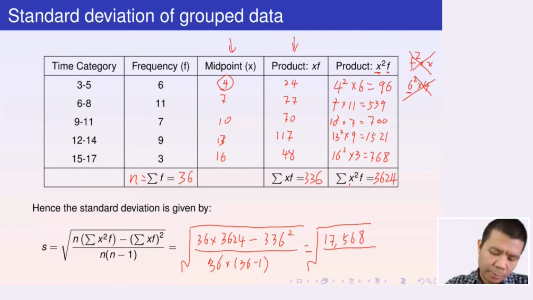On the bottom, it's 36 times 35, so 1,260. So that's 17,568 over 1,260. Take the square root.